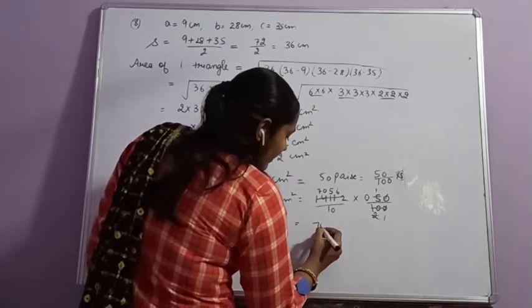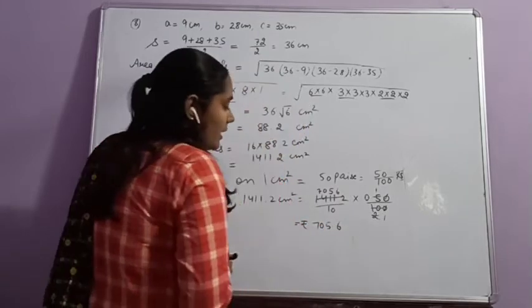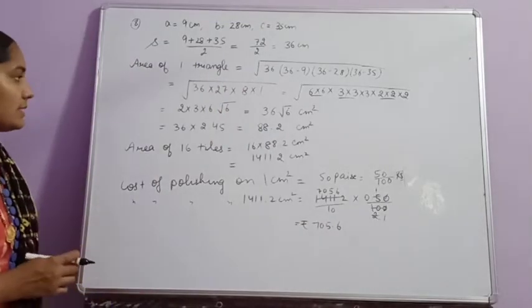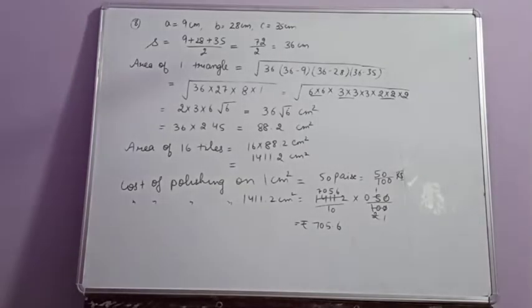That is equal to 705.6 rupees. That is the cost of polishing on 16 tiles. Clear? That are the questions of exercise 12.2.